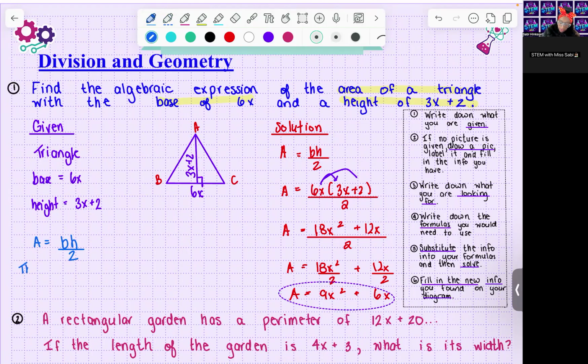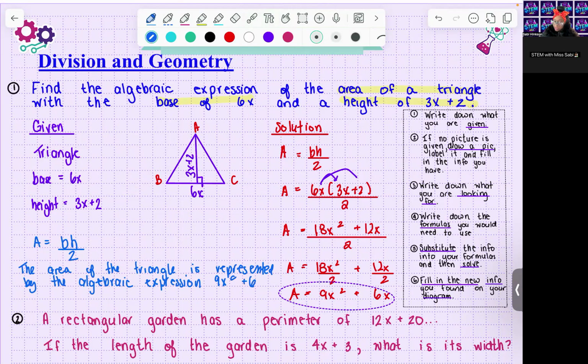The area of the triangle is represented, because it's an algebraic expression, by the algebraic expression, which is, oh, where did it go? 9x squared plus 6x. That does not even look like a squared. I shall fix that. Okay.